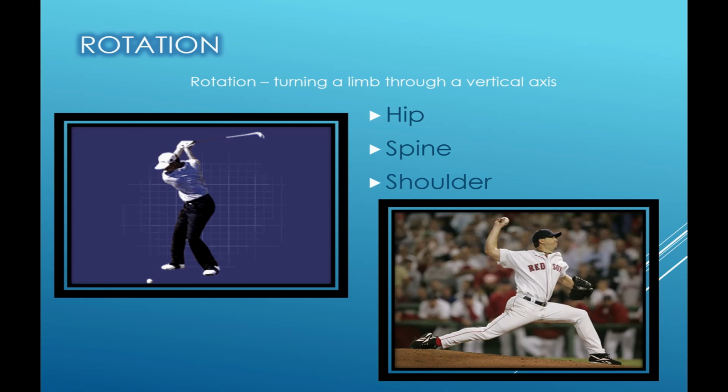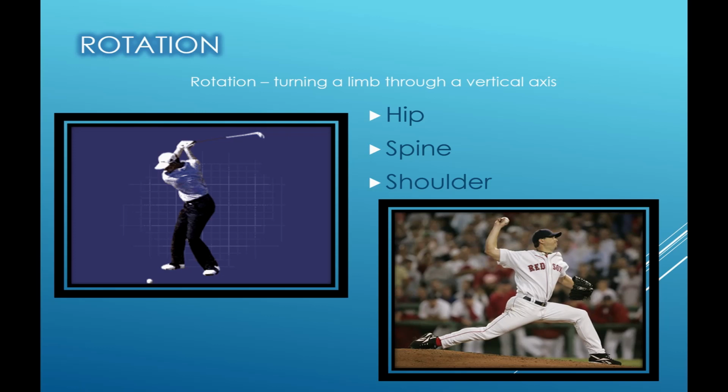But whenever we want to produce power, such as striking a golf ball, as you can see in the picture here, throwing a ball, throwing a punch, or striking a football, we have to produce some rotary power through the hip, through the spine, or through the shoulder in order for that transfer of power from one limb to the other.